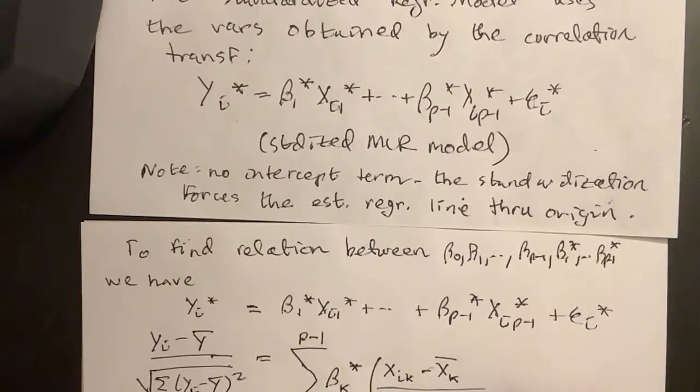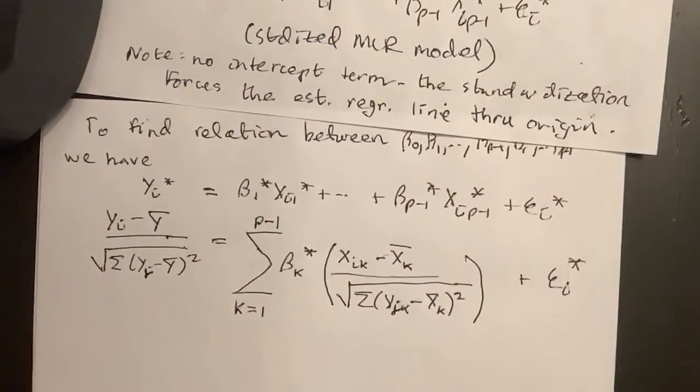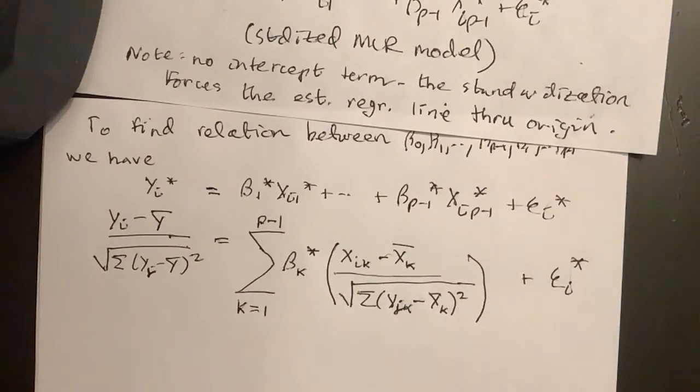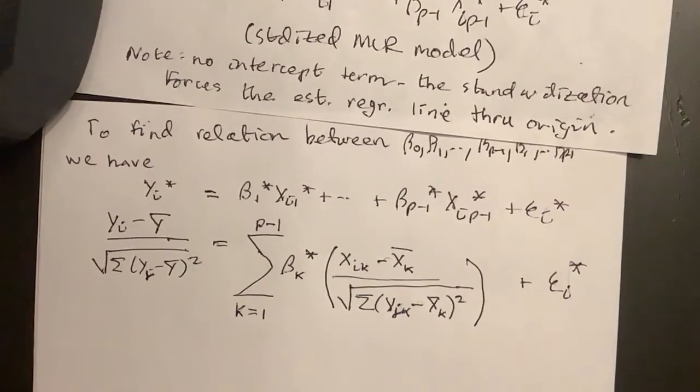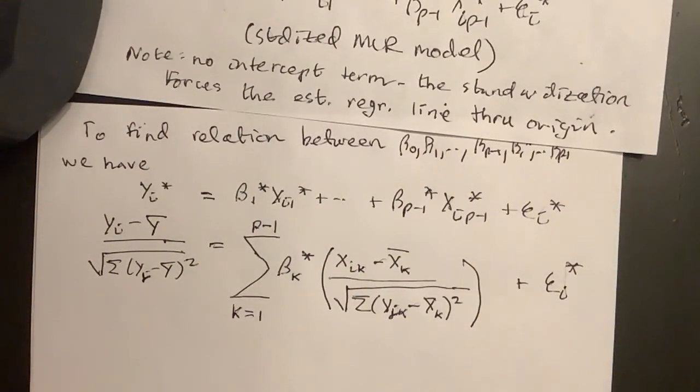Okay, let's see. Does that look right? Yeah, that looks right. And now I have plus my error term over here. Now, on this side, what I want to do is isolate the yi.